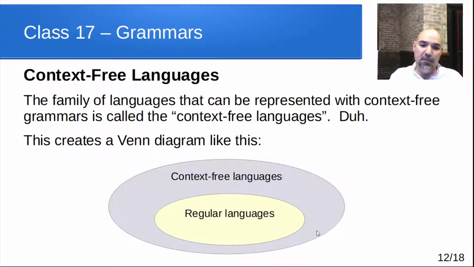Context-free is a superset of that. In other words, we could make all regular languages with a context-free grammar, but we could also make some that are out here in this gray area, not inside the yellow area. So that creates the Venn diagram that looks like what we have down there.